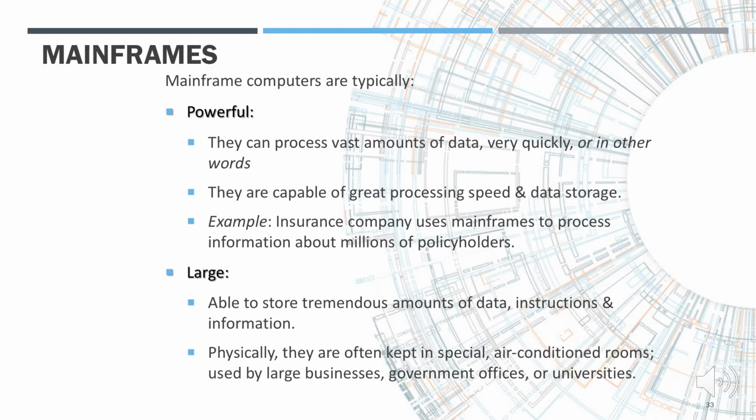It is powerful, of course, so it can process data very fast. For example, insurance companies, finance, like banks, or flight companies like Asia, because they have to process more than 1,000 users.